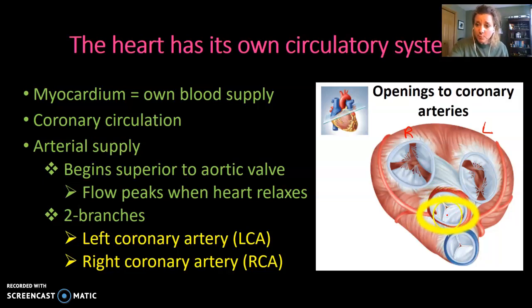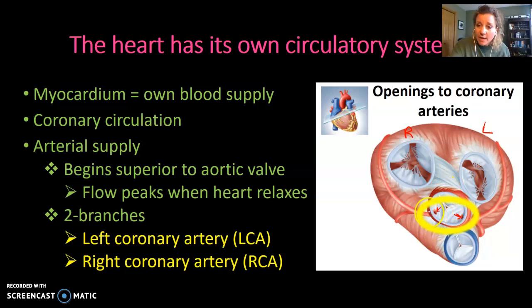And the blood is going to pool there and force this valve closed in order to prevent backward flow into the left ventricle. But as the blood pools in this little cup here, some of it is going to enter into these two openings that we have here.